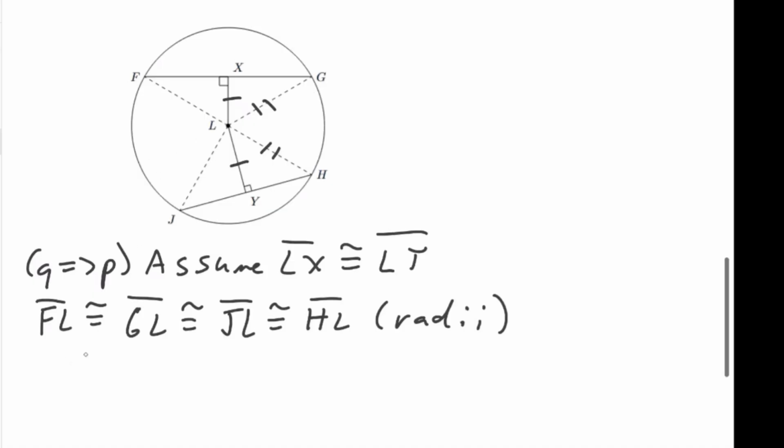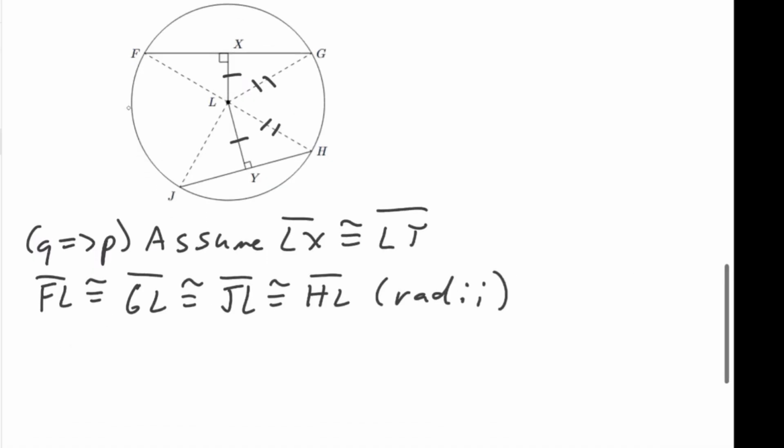So I have, let me scoot down a little bit, hypotenuse leg. I'll do the hypotenuse first. LG, or GL, is congruent to HL. I have this leg, LX, congruent to LY.